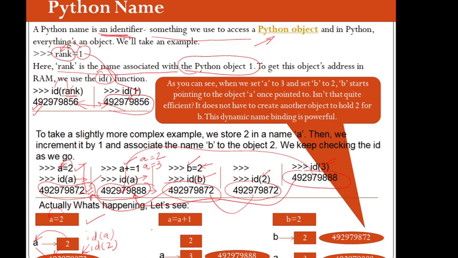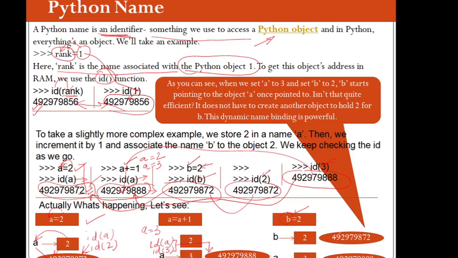Now what you have done, you have incremented the value of a by 1, it becomes 3. Now you try to find id of a and id of 3. So now both will give you this value. Fine. Now you have assigned 2 to variable b.